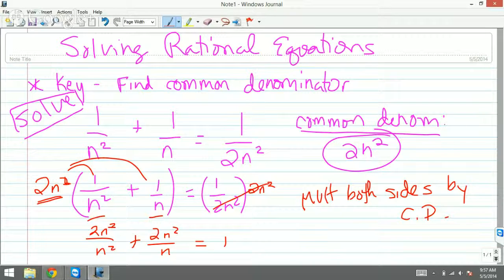Okay, so this was the next step. We skipped it. 2n squared over n squared, those cancel, so we get 2. And then n squared over n, there's only one of them left. 2n equals 1. And now n equals what?